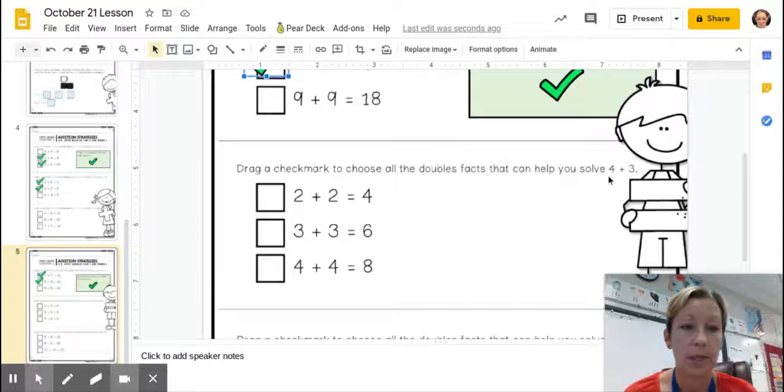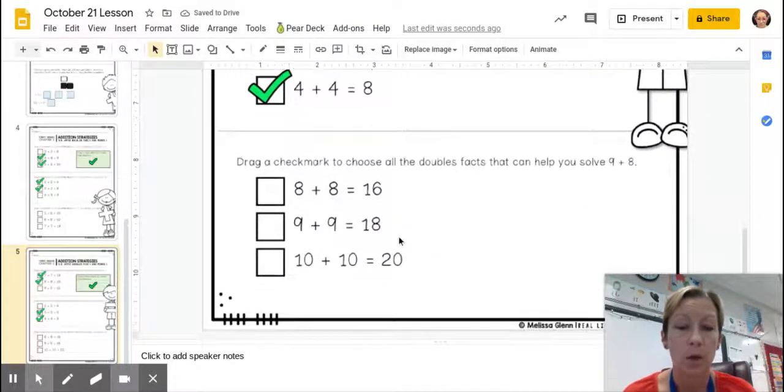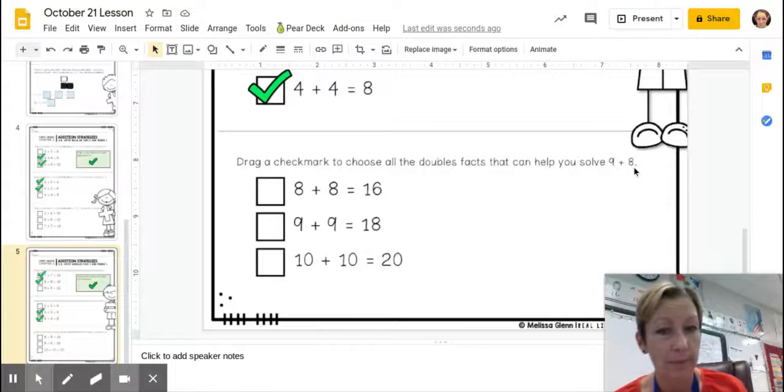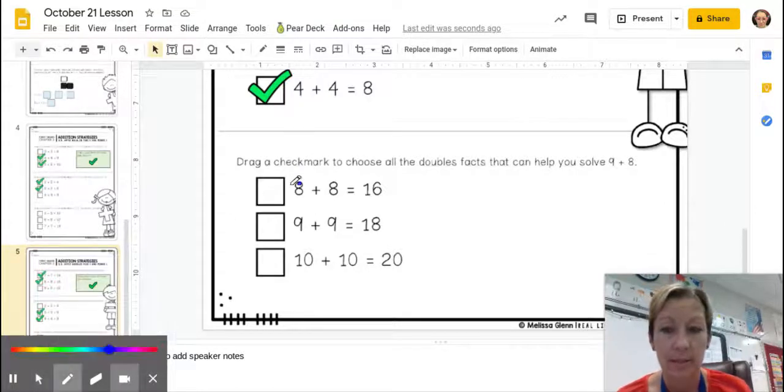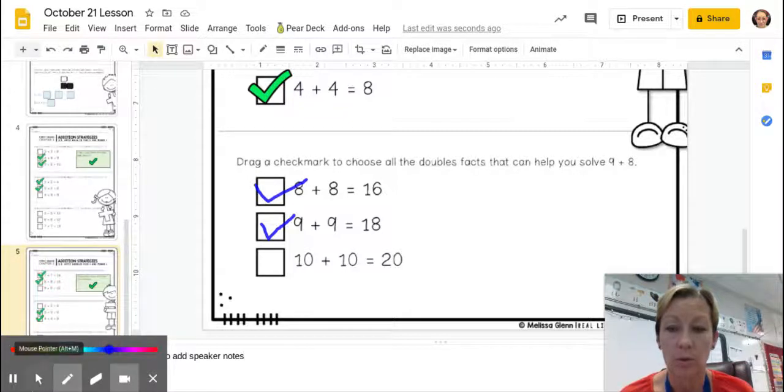You're going to either double this number or double this number. So 4 plus 4 or 3 plus 3. What about 9 plus 8? It's either going to be 9 plus 9 or 8 plus 8. Only 2 options.